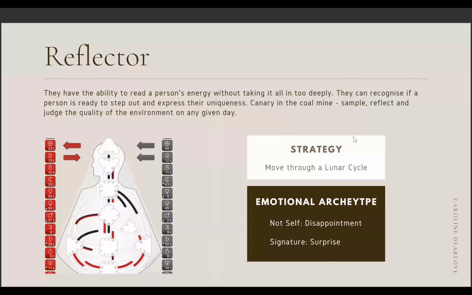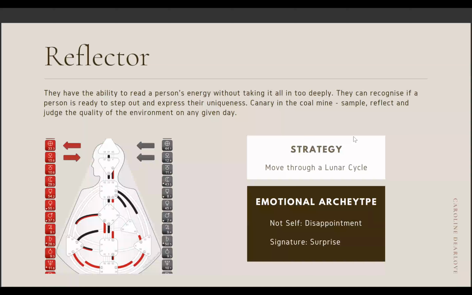So, reflector. You have the ability to read a person's energy without taking it all in too deeply. The reflector is like a canary in the coal mine. They're here to sample and reflect the quality of the environment on any given day. And they are really able to recognize if someone is ready to step out and express their uniqueness.